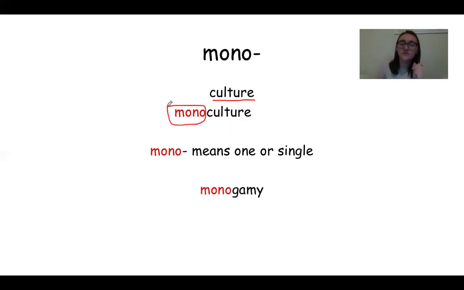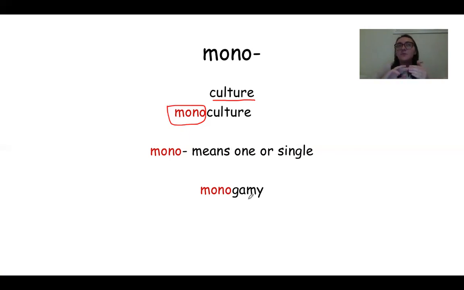So when we use this word, whatever it comes before, if we don't know what the word means, we know at least that it's talking about something that's one or that's single. So the word monogamy, if you didn't know what that means, you could guess, it's one of something, right?